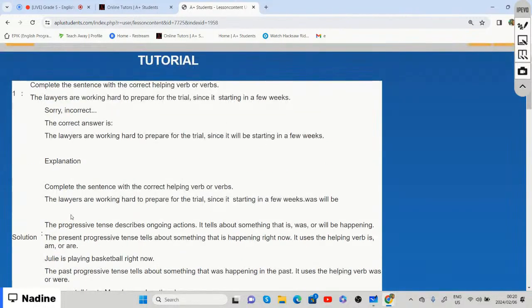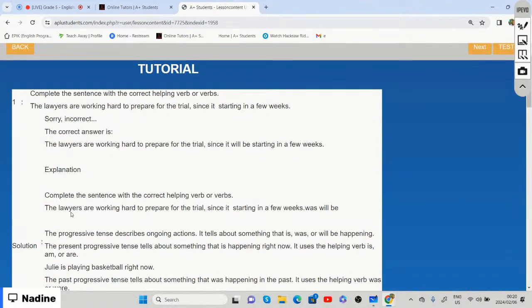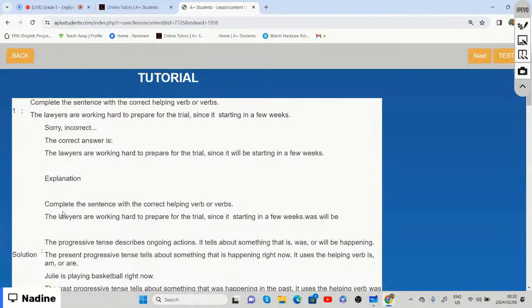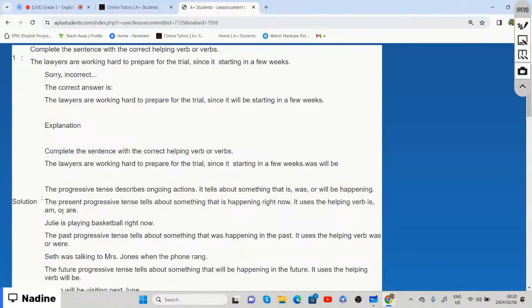And if we say progressive verb tenses, then it is ongoing action, whether it's in the present tense, past tense, or future tense. And we said it describes ongoing action and it tells us something that is happening, was happening, or will be happening. That is progressive tenses.